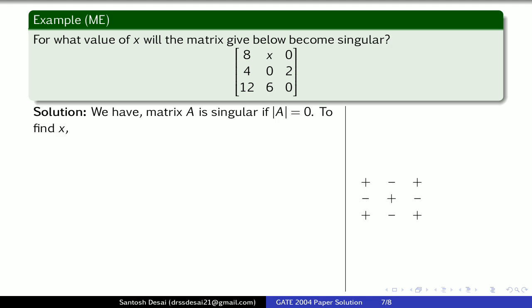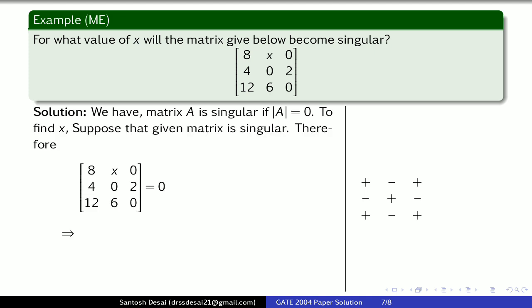So we get, this implies, the first element is 0, then we take minus 2. Now deleting the row and column containing 2, we get a determinant that is 8x and 12, 6, equal to 0. Simplifying this, we will get minus 2 into bracket 48 minus 12x is equal to 0, and simplifying this, we will get x is equal to 4.